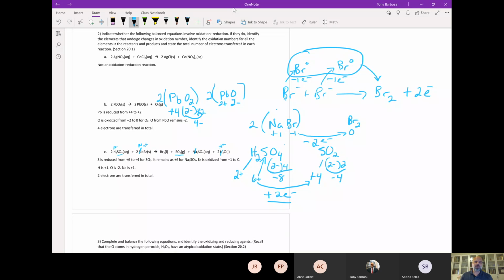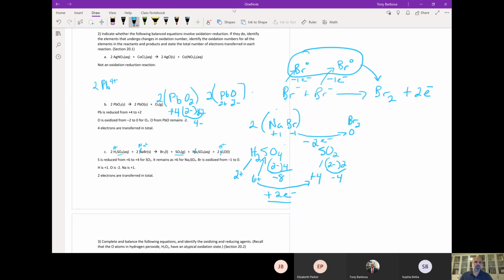If we look at what's going on with lead, Pb is a 4+.